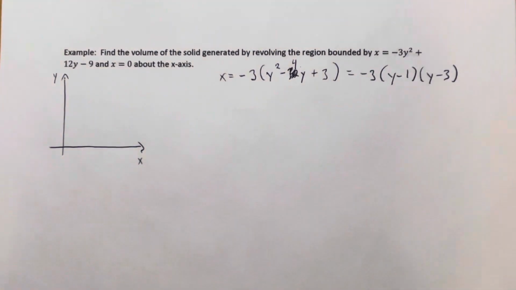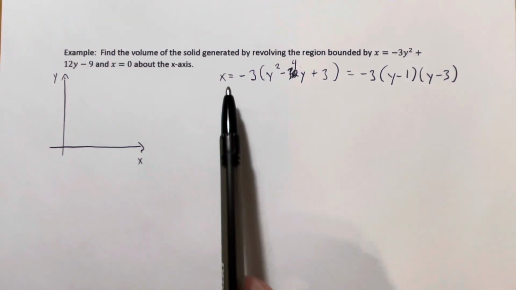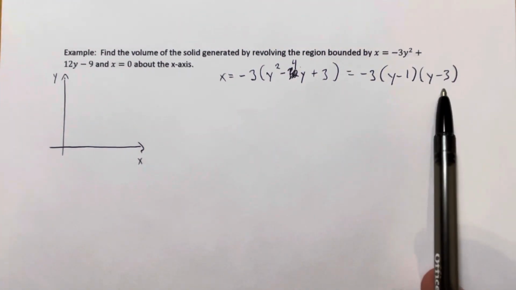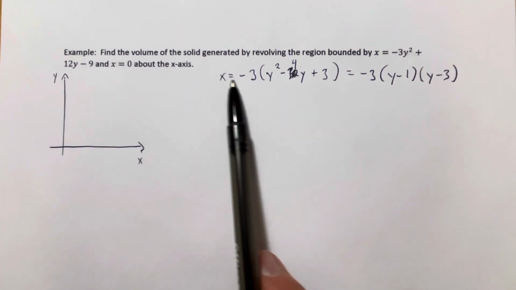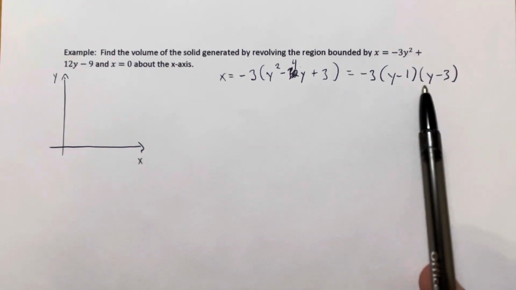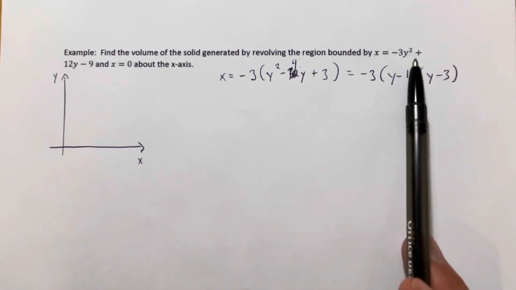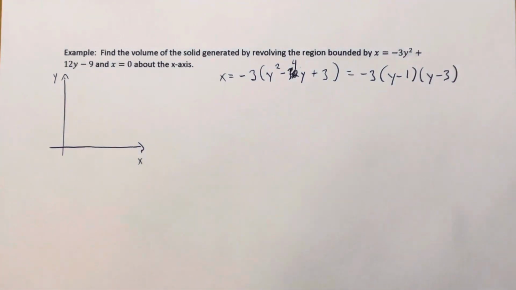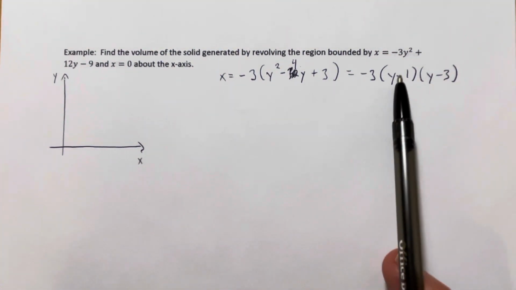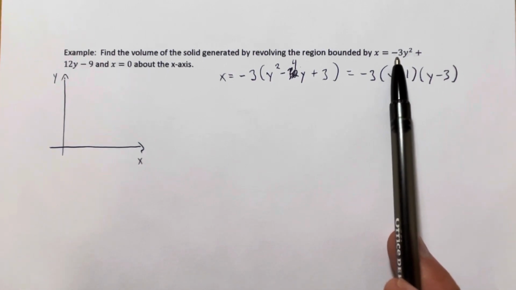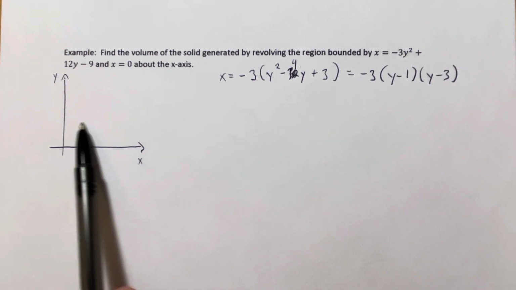My purpose behind doing that is because if x is equal to this, I could plug a 0 in for x and get the y-intercepts of this parabola. Because this is a quadratic in the y variable, I know it's going to be a horizontally opening parabola. And I can see that because my leading coefficient is negative, it'll open towards the left.